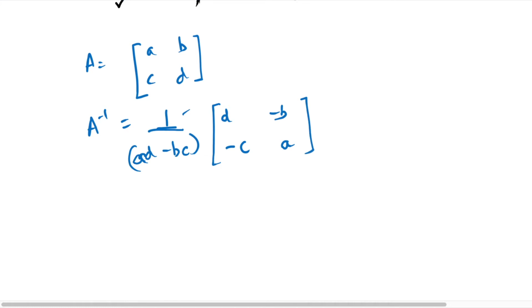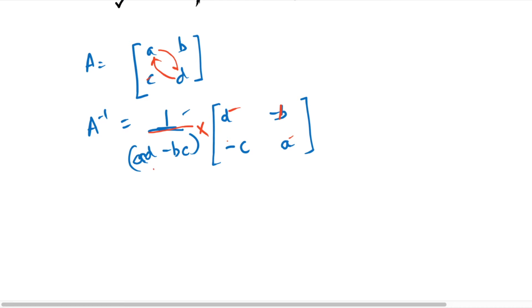In other words, what we have done is swap the diagonal terms. A and D have been swapped to get D and A over here, and then we added a negative sign in front of B and C to get this matrix, and then we multiplied this matrix with 1 by AD minus BC.